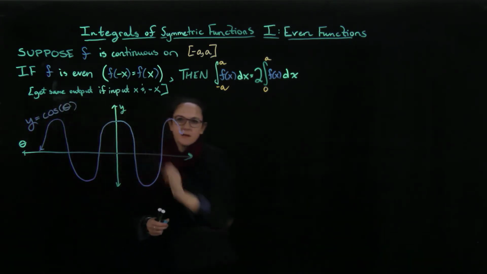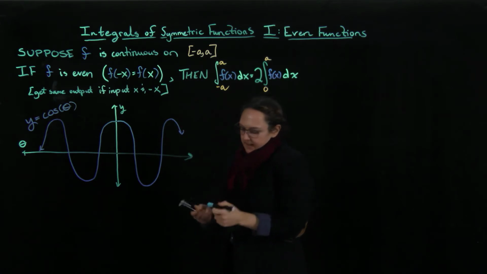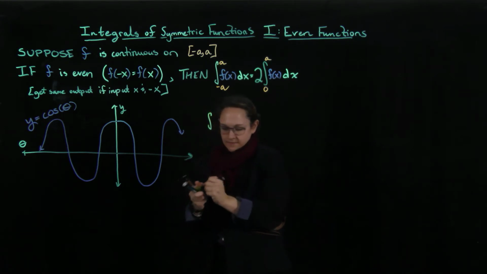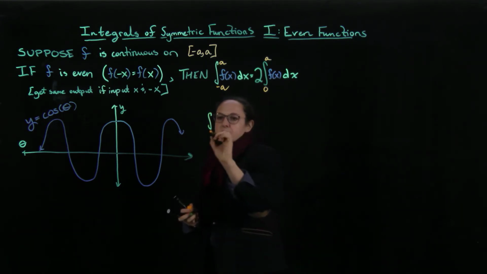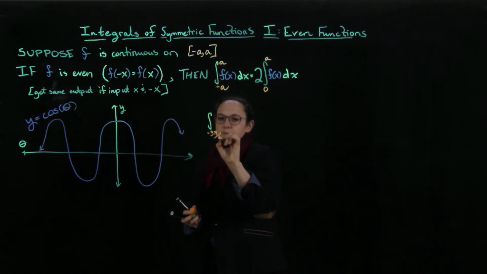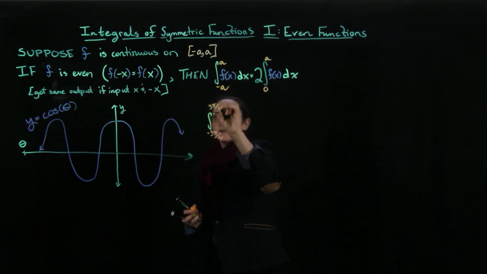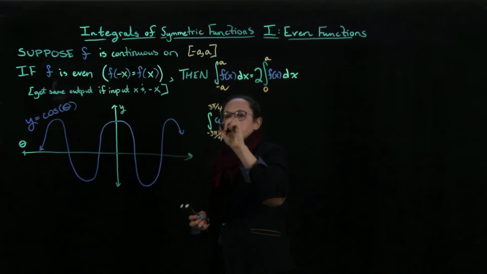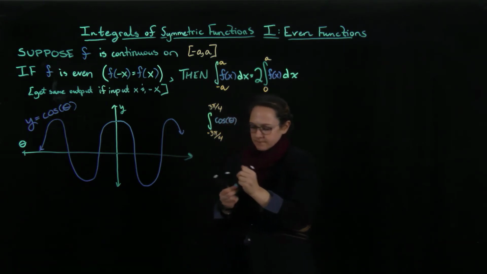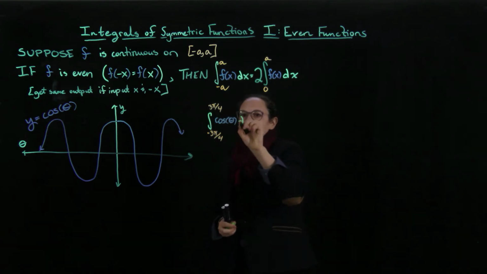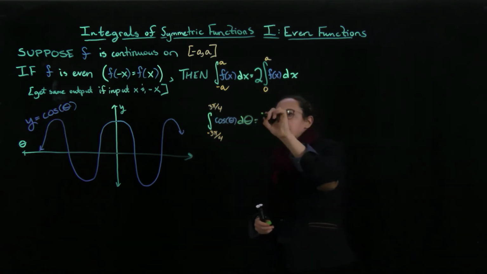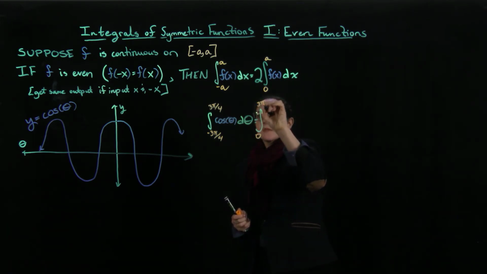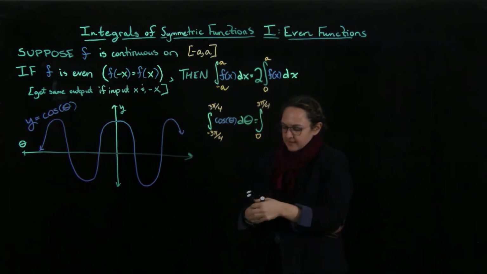Let's look at the integral from minus 3 pi fourths, noting that I'm requiring this is just minus of that, of cosine theta d theta. This would equal the integral from 0 to 3 pi fourths of cosine theta d theta.